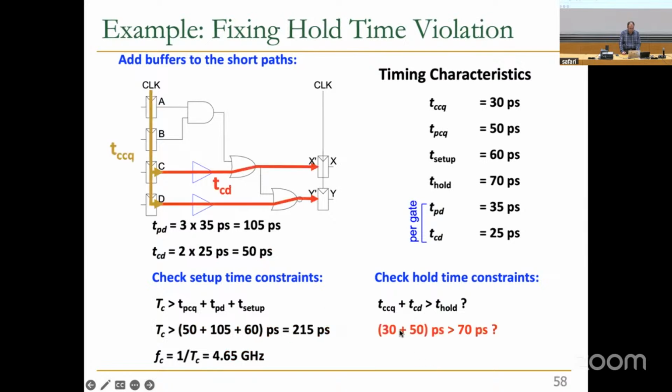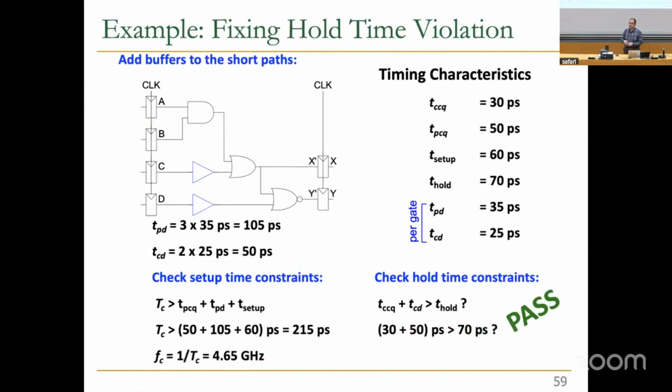But for the hold time, now you have a contamination delay of 2 gates. So it's going to be 2 times 25, which is 50, plus 30, which is 80. So 80 is greater than 70. So now we don't have a hold time violation. Make sense?